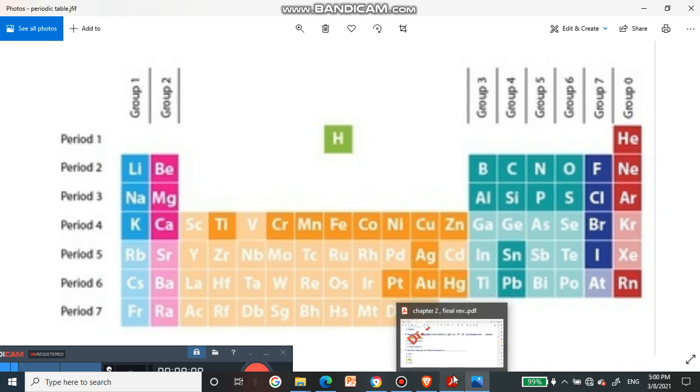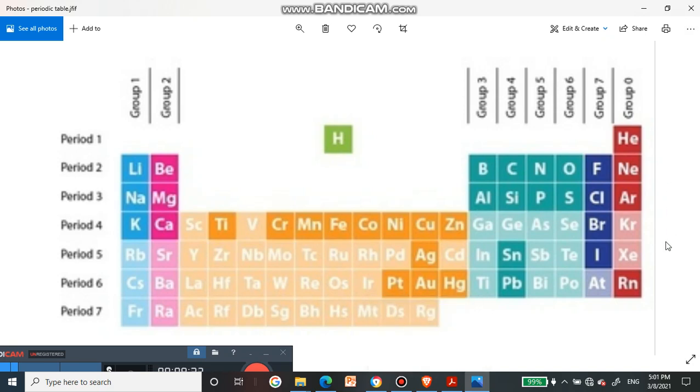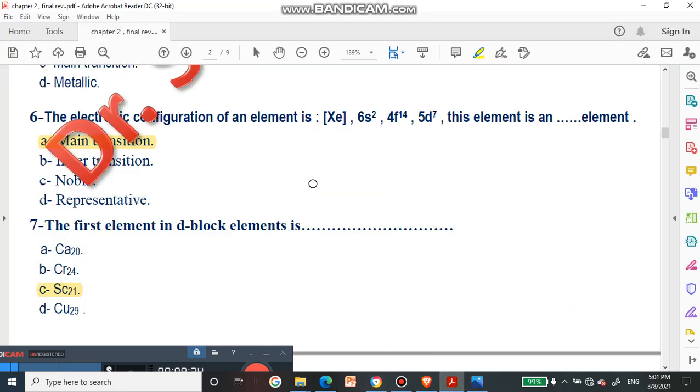I think you must have the drawing of the periodic table on the tablet to answer the questions. You can cut it from a book or magnify it, and if you have the student book, you cut it or take a photo on the back of your tablet. So here we have scandium, with atomic number 21.